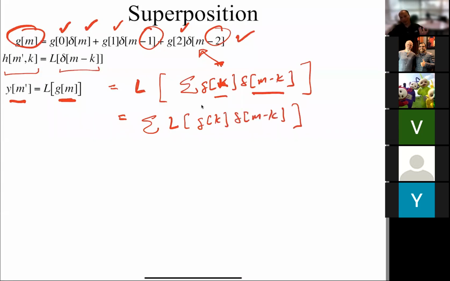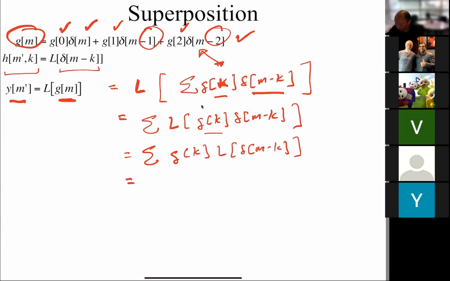All right, so I can bring the L inside the summation. And the next thing I can do is, because of scaling, I can go past this scaling term. And so I can write that equals the sum of g of k times L of delta m minus k.